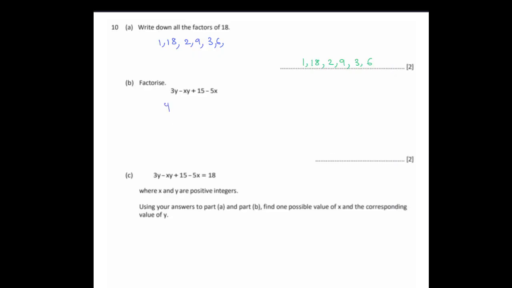Plus, in these two terms you can see that 5 is common: 5 into 3, 5 into x, so 5 into 3 minus x in the bracket. Now you got the same common term. So take 3 minus x common, and y plus 5 is the next factor. So this is the factorization of the given expression.